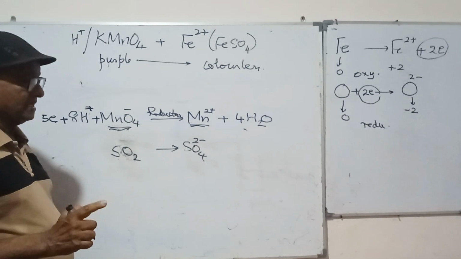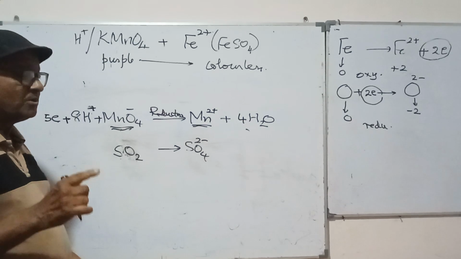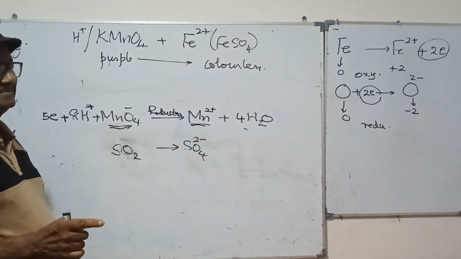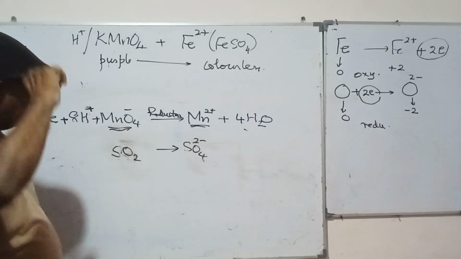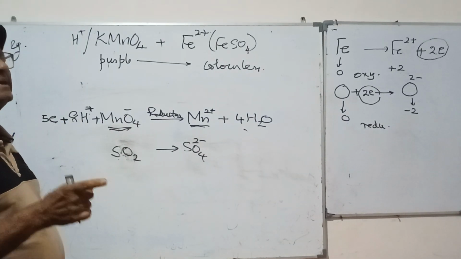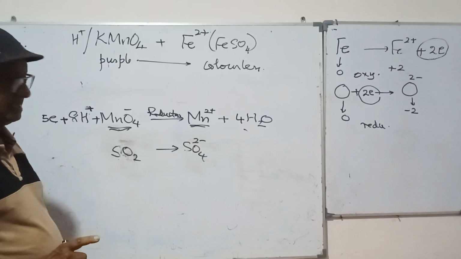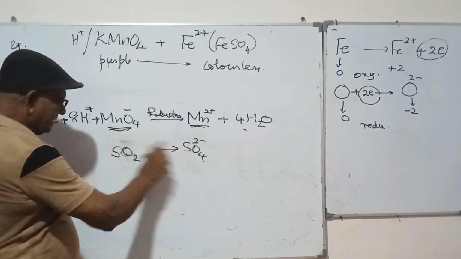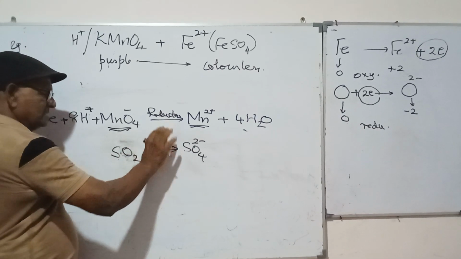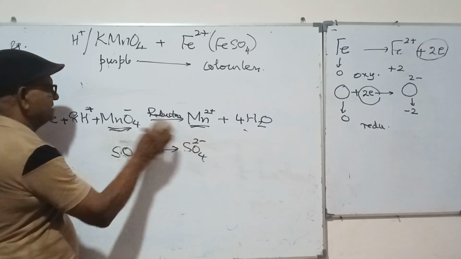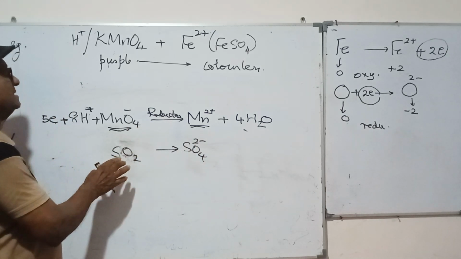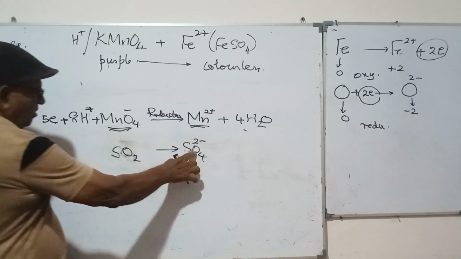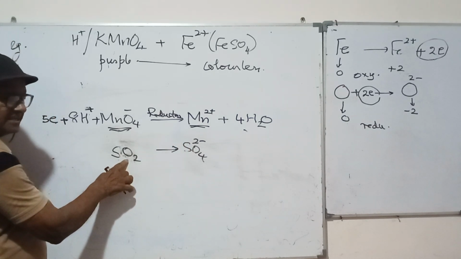Then do we remember how we balance the oxygen? Adding water. It is the method to balance the oxygen, addition of water. Right? You can't balance by adding O2. Then to balance the oxygen, here also the required amount of water should be added. 4 oxygen, 2 oxygen is present.